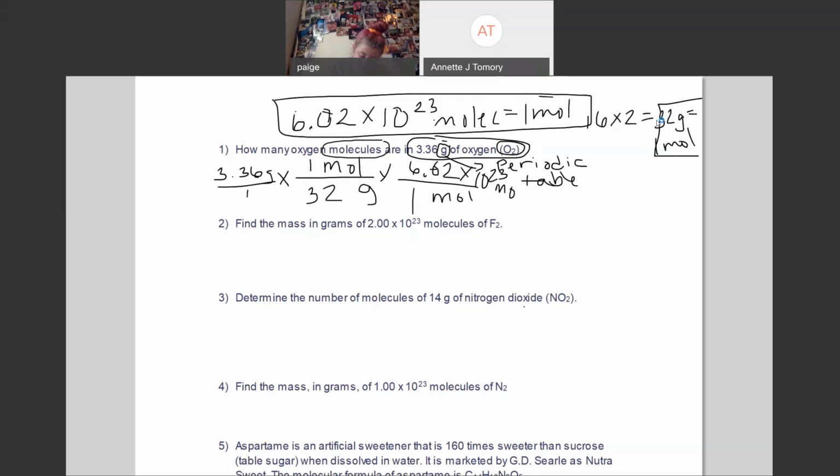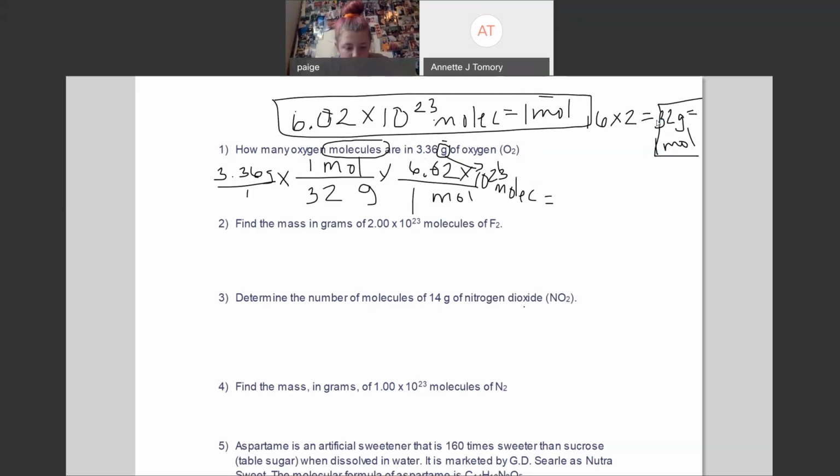All right, so we're going to put this all together and put it in our calculator. Let me erase this portion so that it's not in our way. We're going to go from left to right. 3.36 grams. 32 is on the bottom, so we're going to divide by 32.